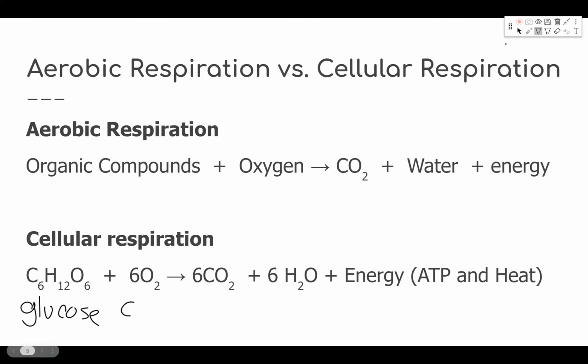That is 6 oxygens. Oxygen likes to hang out in twos. So, a glucose molecule and 6 oxygen molecules will be transformed into 6 carbon dioxides, 6 CO2s, 6 water molecules, 6 H2O, and energy. That energy is preferably in the form of ATP, but sometimes it is lost as heat in the transfer. So it's not a perfect process, but it gets the job done.